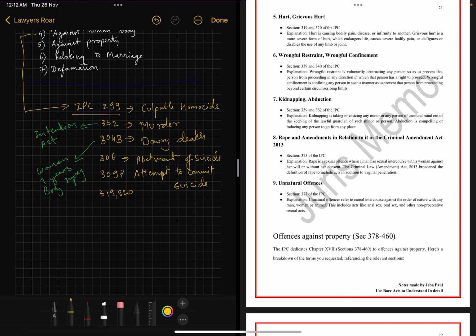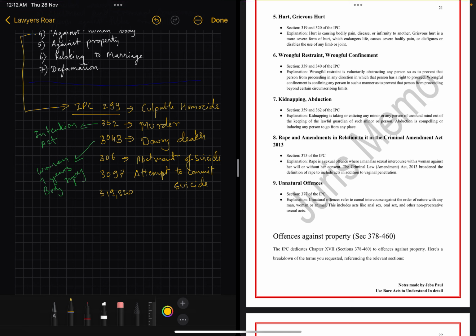They cannot stop her. Then wrongful confinement is confining any person in such a manner as to prevent that person from proceeding beyond certain circumscribing limits. So again we are stopping or preventing that person from going to a certain place, that will come under wrongful confinement.